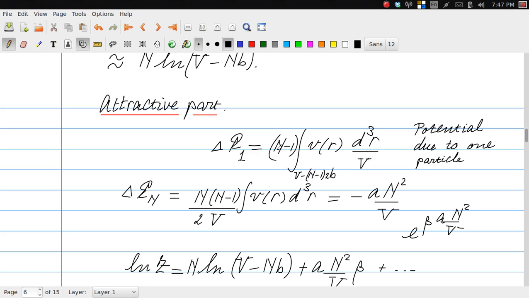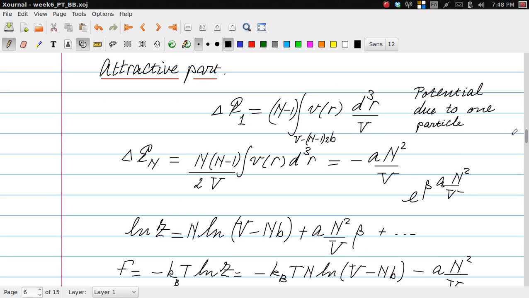So that particle has N minus 1 partners with which it can interact, and the interaction is given as a normalized integral of the interaction potential of this single particle and its neighbor, normalized by dividing by V. Obviously this integral has to be carried out only over the excluded volume, and so you may argue that indeed we should put here also a minus (N minus 1) times 2b, and that can be done, but that gives you only a higher order interaction in the end, so it turns out that this extra correction is not relevant.